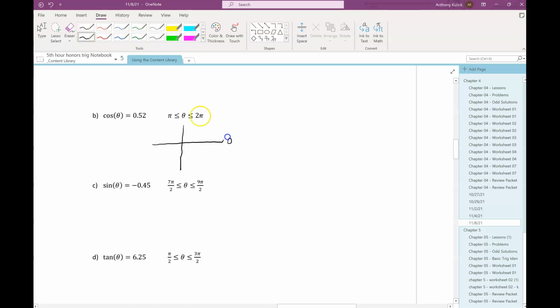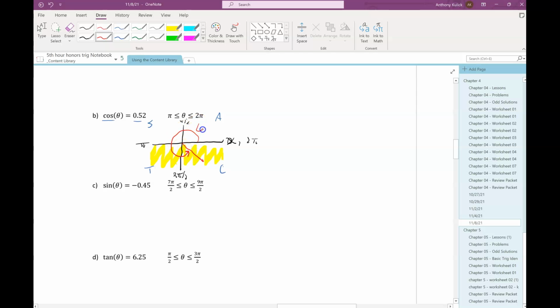So 0, pi over 2, pi, 3 pi over 2, 2 pi. So from pi to 2 pi are the bottom two quadrants. Consulting all silly turtles crawl, cosine is positive in the fourth quadrant.